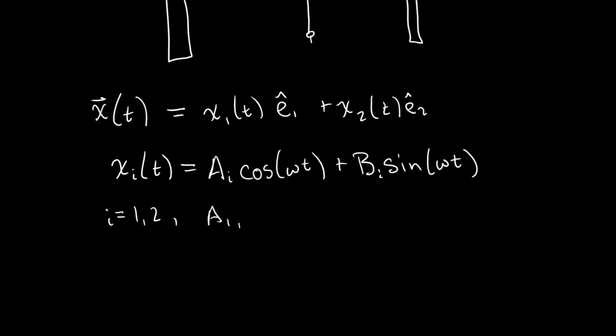I have a1, a2, b1, b2, and omega, which is equal to the square root of the spring constant associated with the string over the mass of my object, and these are all constants.